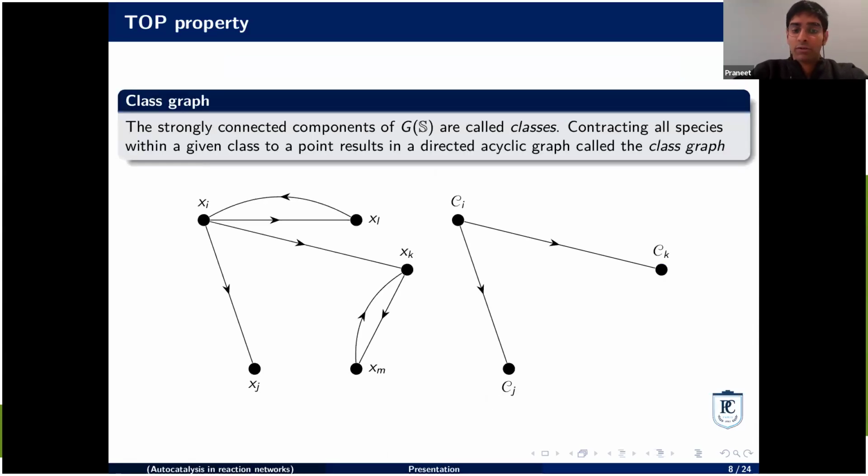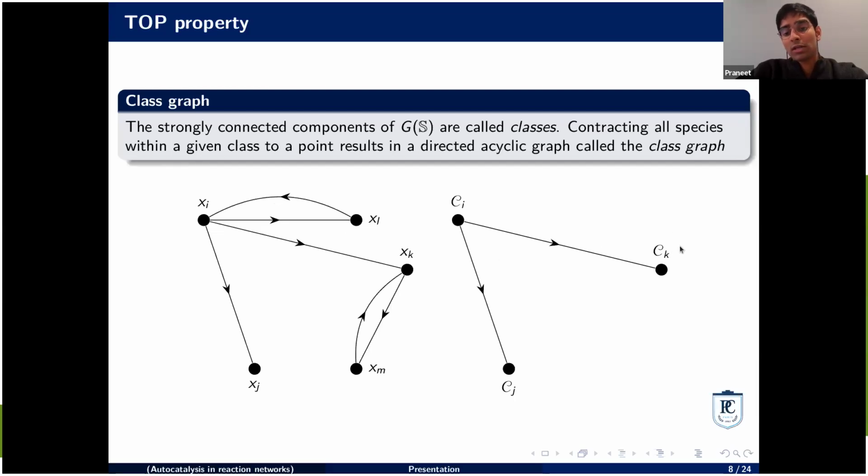Further, for a split graph, we can zoom out, so as to say, to a generalization into a class graph. All the strongly connected components of a split graph are denoted as classes. So here you'll see that xi and xl are strongly connected, because there's a path to go to xl and then come back. In this case, this will be a class. So the class Ci is just the nodes xi and xl.